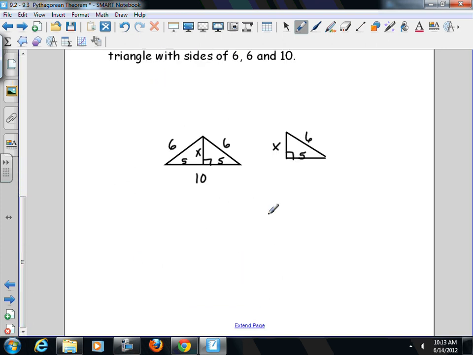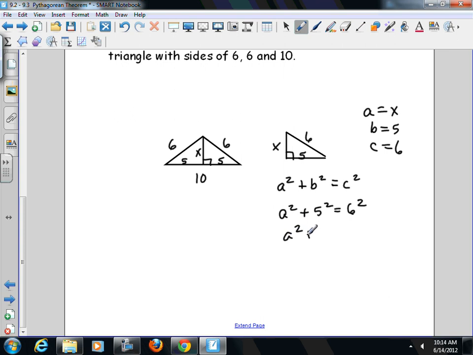So we'll use the Pythagorean theorem, a squared plus b squared equals c squared. And let's say that a is your x, b is 5, and c is 6. We'll plug our numbers in, so we have a squared plus 5 squared equals 6 squared. So I have a squared plus 25 equals 36.